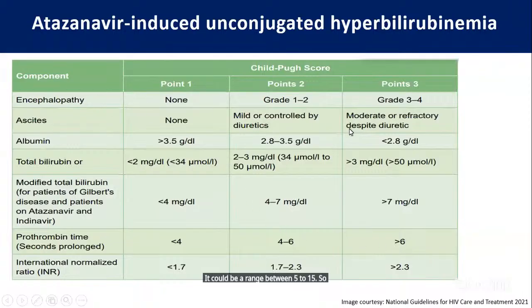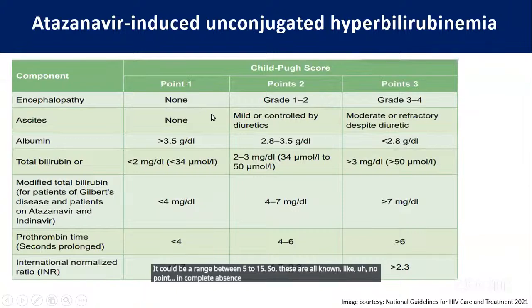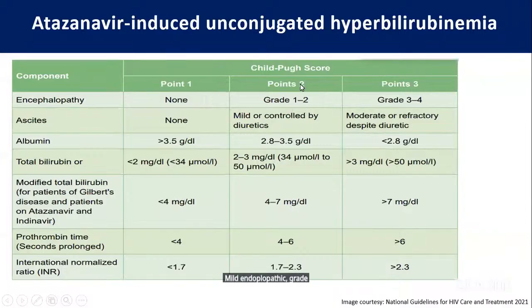So these are all known: absence of encephalopathy is 1 point, mild encephalopathy grade 1 to 2 is 2 points, advanced encephalopathy grade 3 to 4 is 3 points.